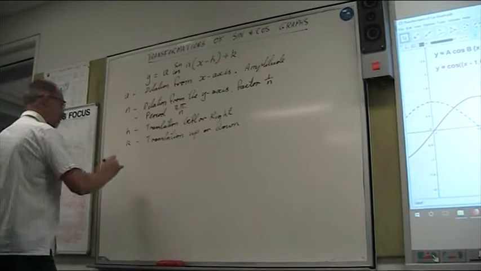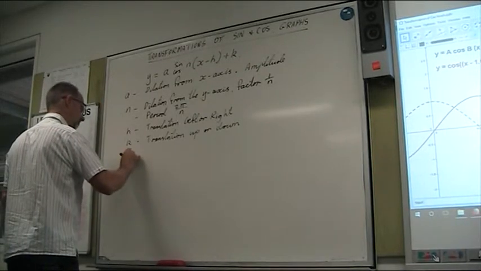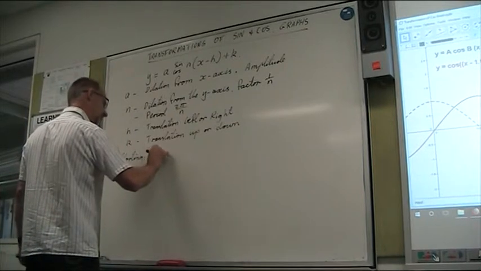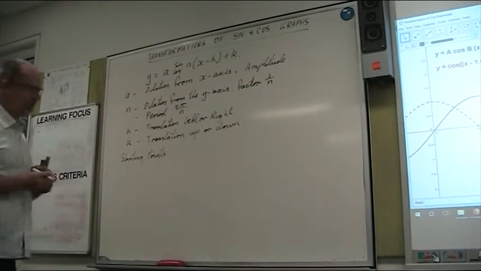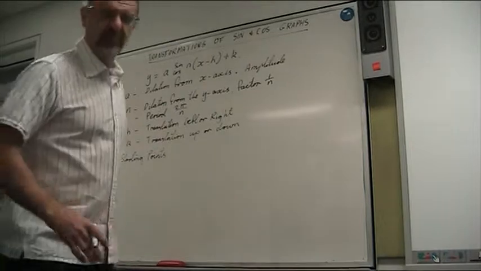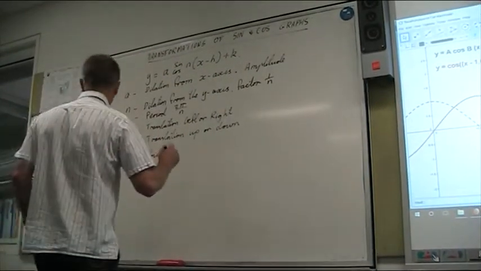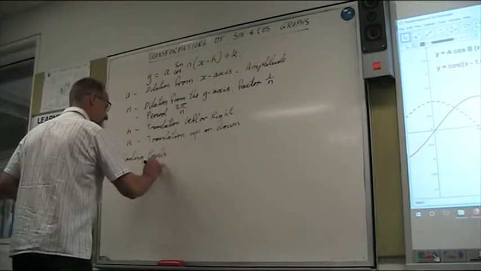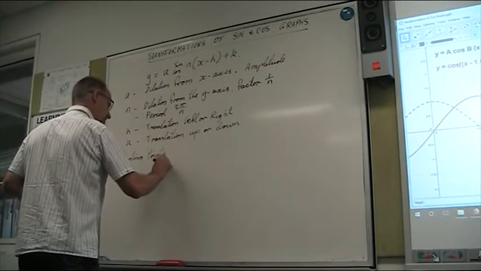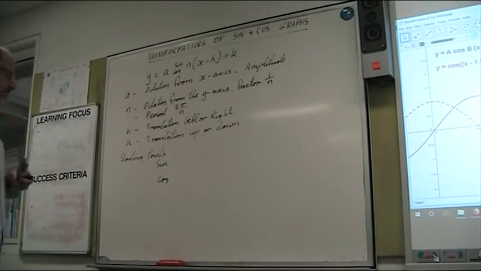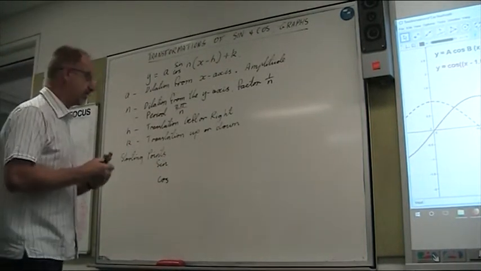All right, starting points. All right, they change. Now, if what I'm about to write, if you like this, good. If you don't, there's other ways of doing it, so don't be too stressed.